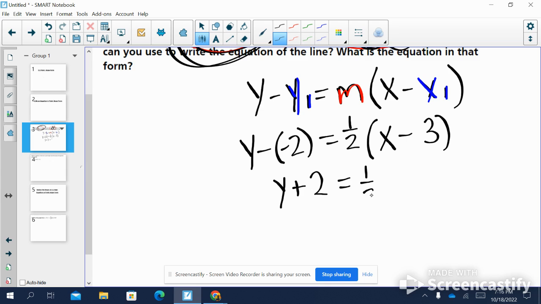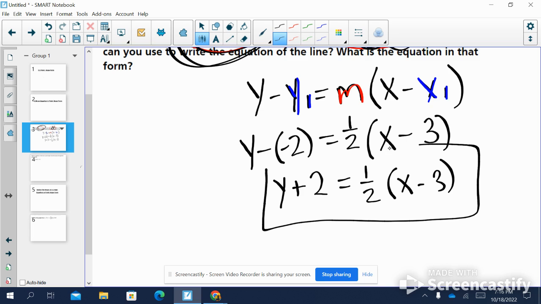And so the equation of the line in point slope form that goes through the point 3, -2 and has a slope of 1/2 is y plus 2 is equal to 1/2 x minus 3 in parentheses.